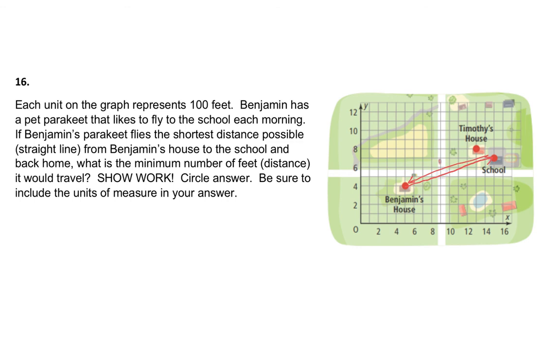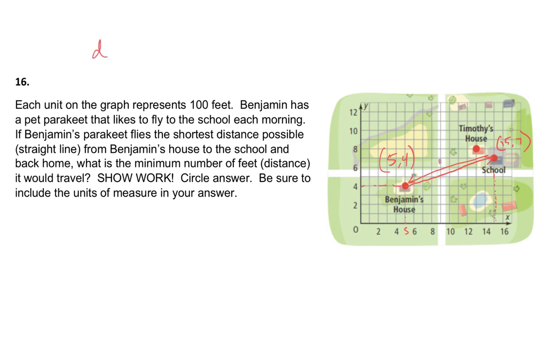Now, I could use the distance formula. I could say the coordinates for Ben's house are 5, 4, and the coordinates for school are 15, 7. And I could find the distance between those 2 points.